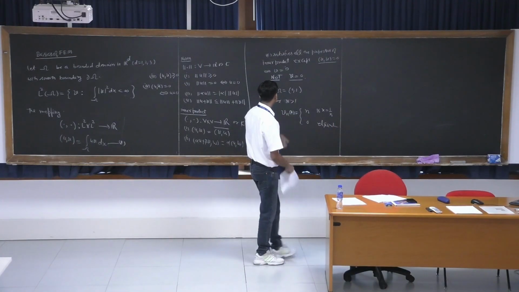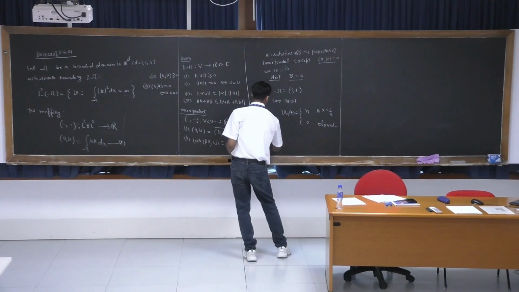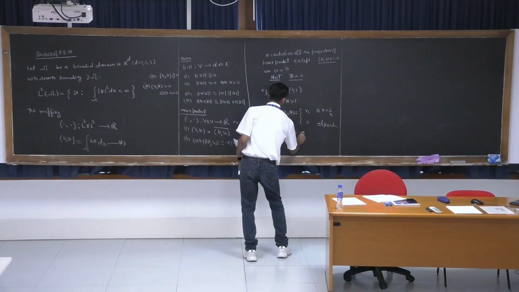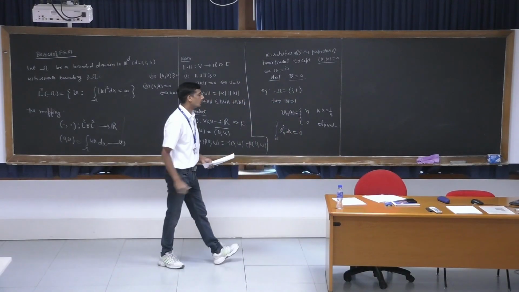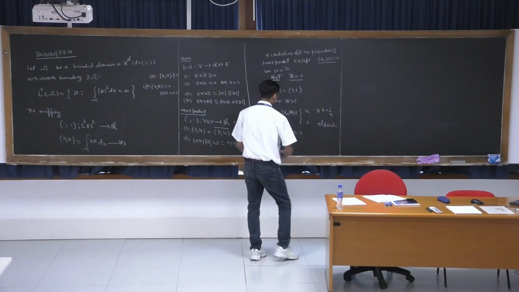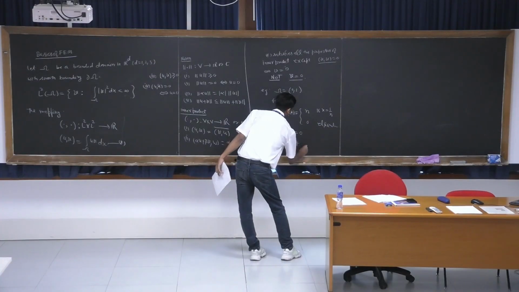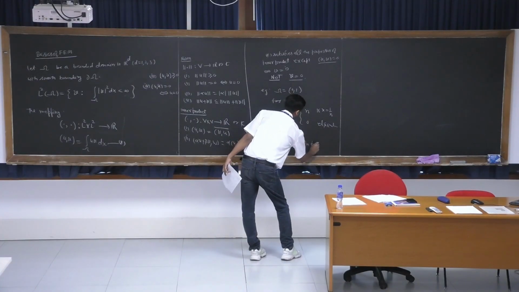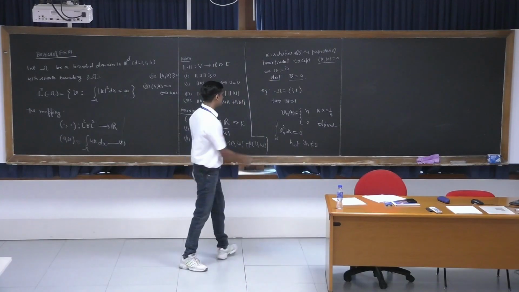You can see that the integral from 0 to 1 of v_n squared dx is equal to 0. But here v_n is not identically zero.